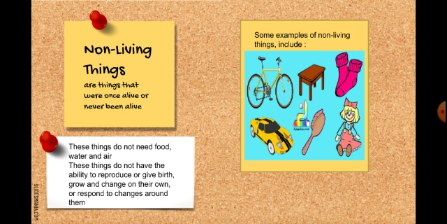They do not have the ability to reproduce or give birth, grow, and change on their own, or respond to change around them. Some examples of non-living things include a car, comb, doll, table, bicycle, or shoes.